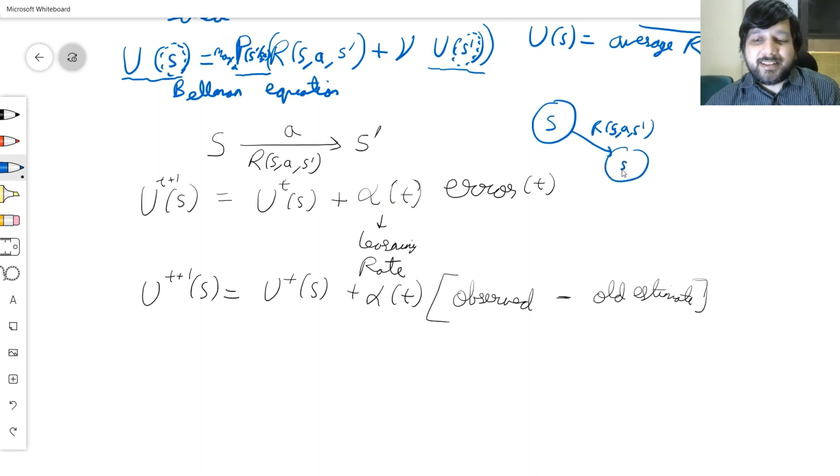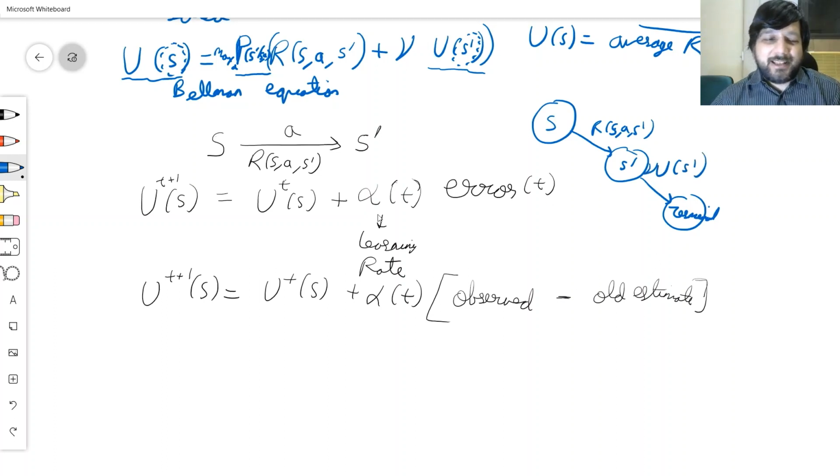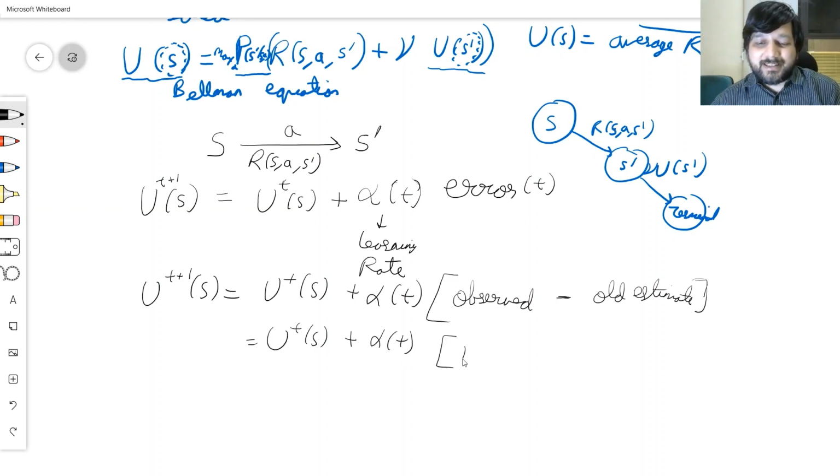I reached a state S dash, and S dash to goal or terminal is a utility of S dash. And I'll discount it, so I'll say gamma times this. So this becomes equal to utility of S plus alpha times observed, which is R(S, A, S dash) plus gamma times utility of S dash, minus what's the old estimate, utility of S.